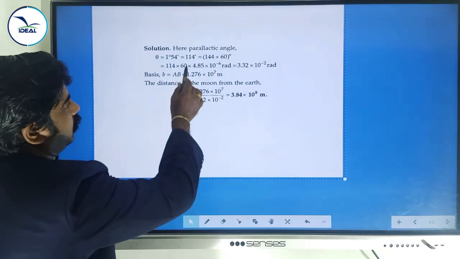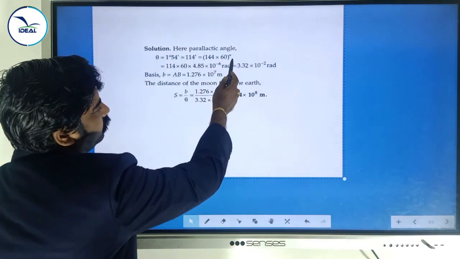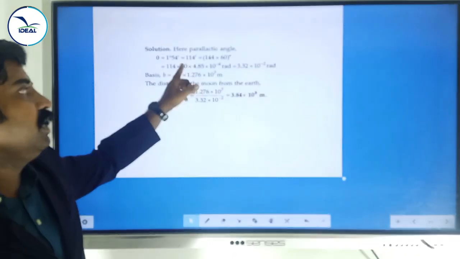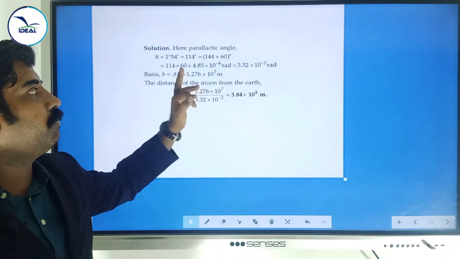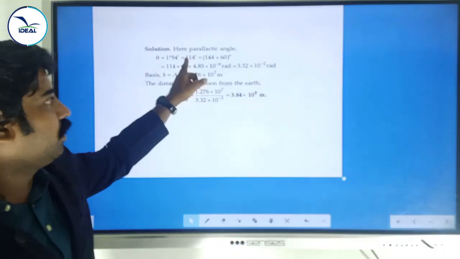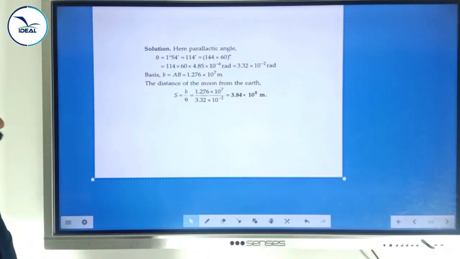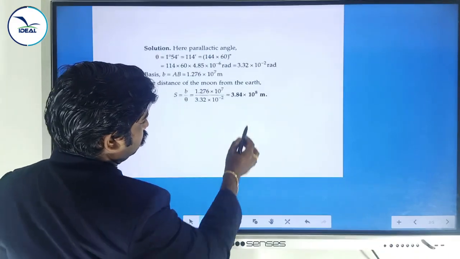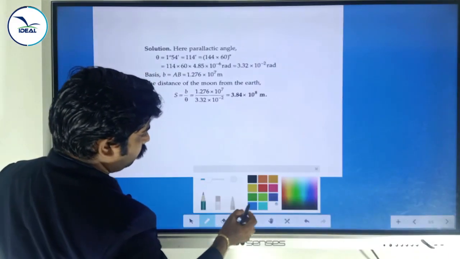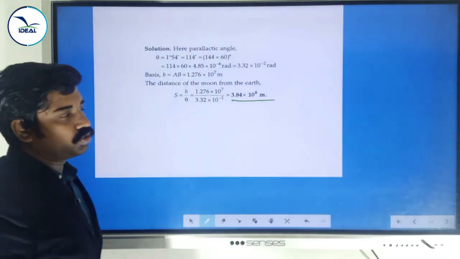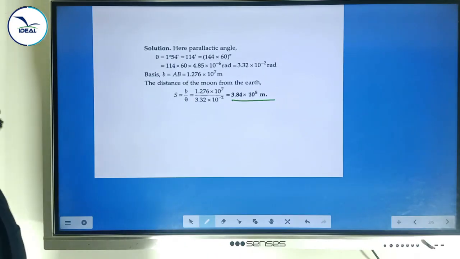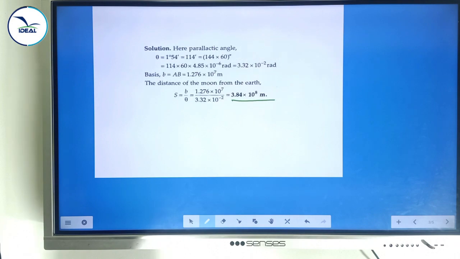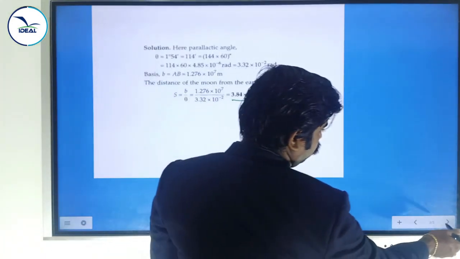If you are converting to seconds, the actual value is 1 by 3600 into pi by 180, that is 4.85 into 10 raised to minus 6. The final value is 3.84 into 10 raised to 8 meter. So that conversion is needed. Okay, clear? Then we can move to the next question.